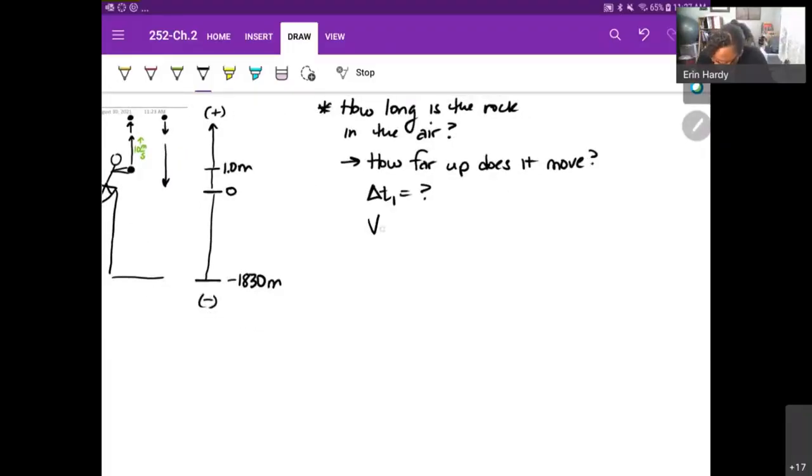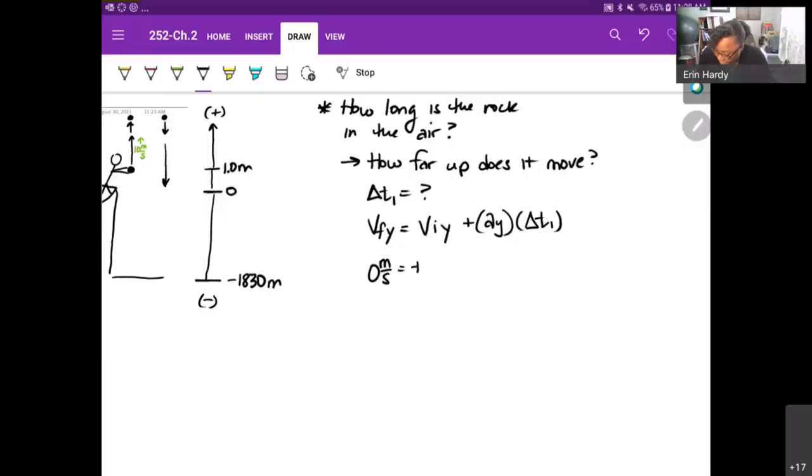I know that, let me just write out the kinematic equation for the y direction. So this is equation number 2. V final y is equal to V initial y plus a y times delta t1, where I'll plug in everything that I know. I know that eventually the rock's going to stop moving up. So somewhere V final y is going to be 0.